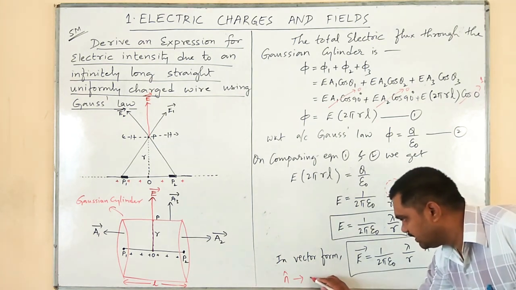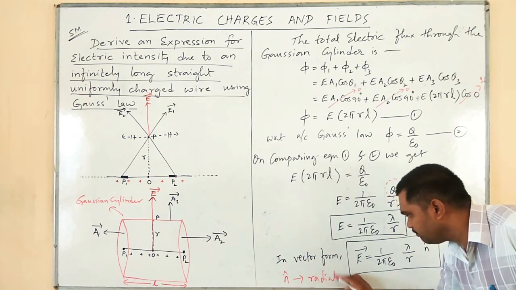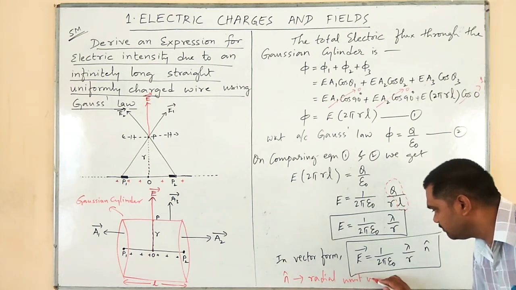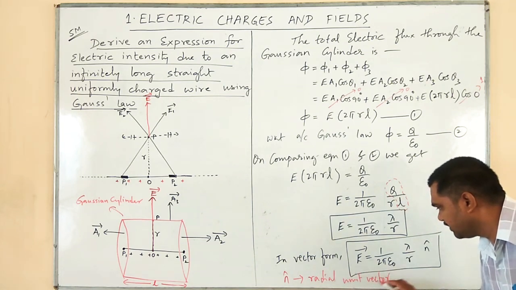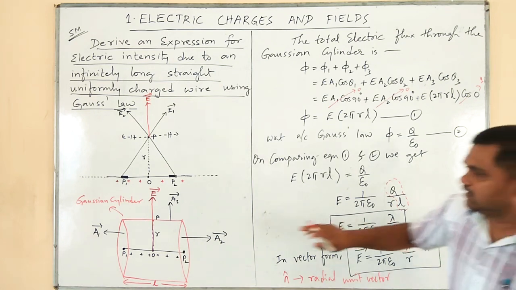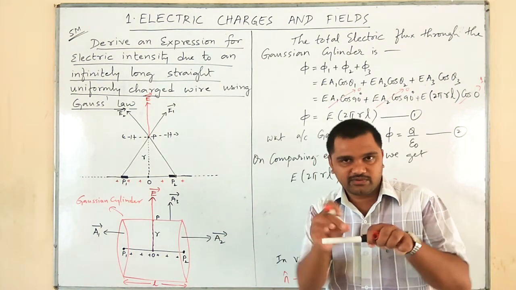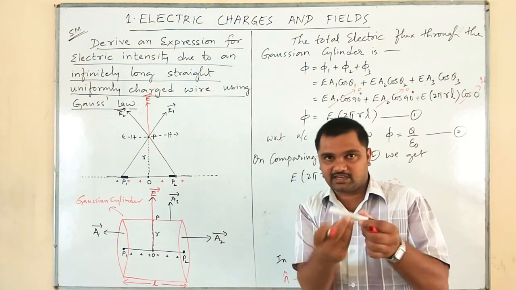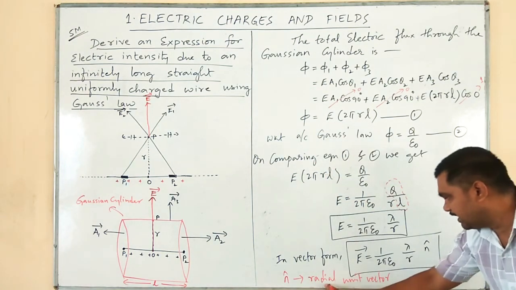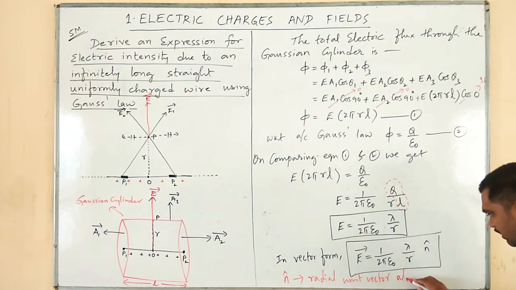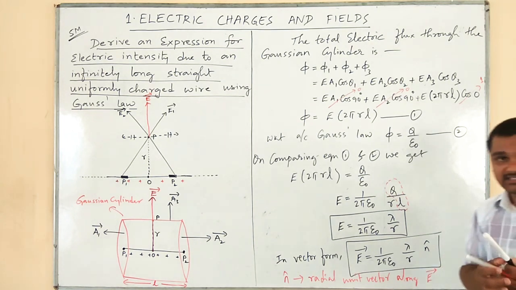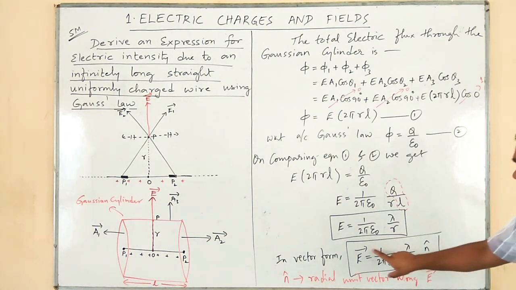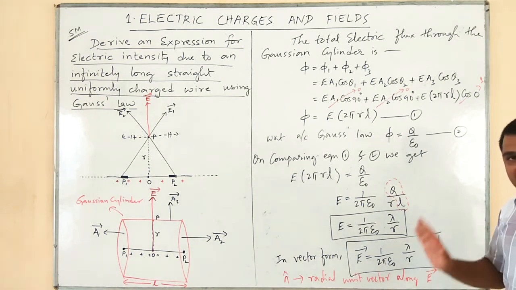We can write it is a radial unit vector. Why I am using the radial unit vector is because that unit vector is used in case of this curved surface. Therefore, radial unit vector along the E vector. What does it mean? The direction of E vector and n vector are the same.